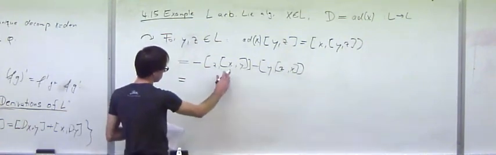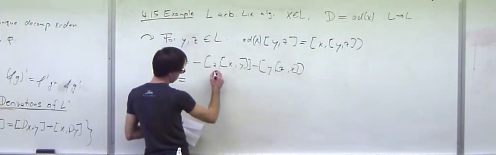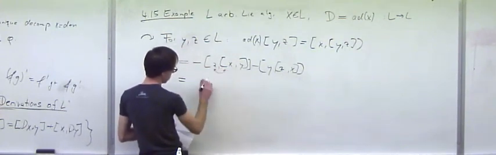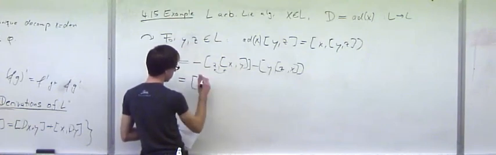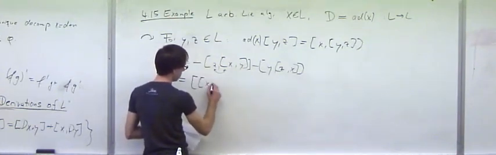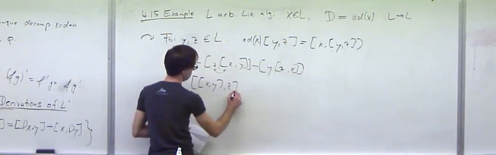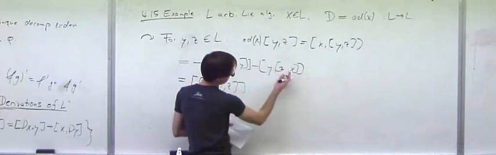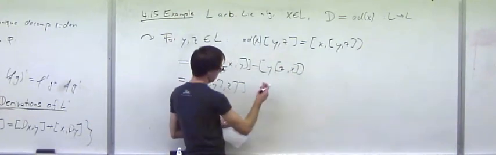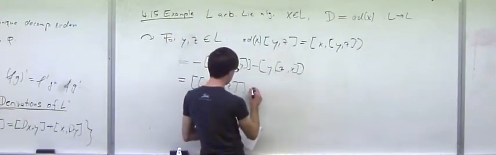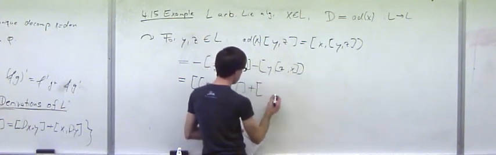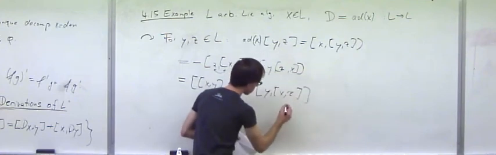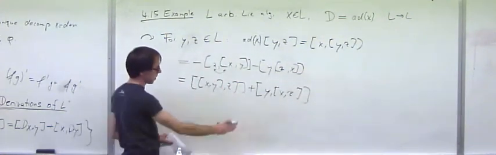Here I use the anti-alternating property of the exterior bracket, so I can get rid of the minus if I write this as [[x,y],z]. And here I switch the factors of the inner bracket, so also by the Lie bracket being alternating, I get rid of the minus sign.